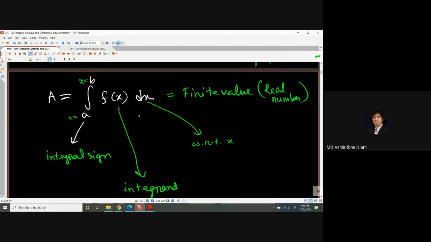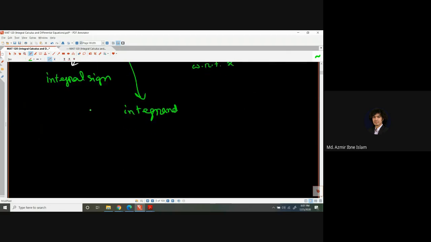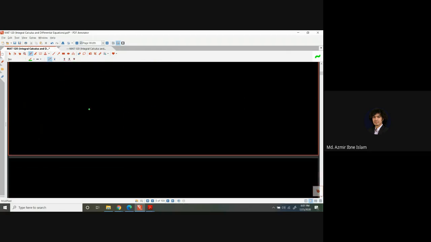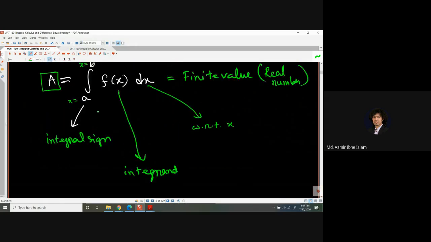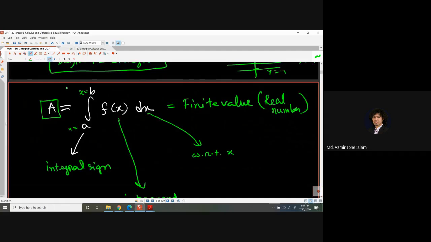And after solving this integral by some technique, we will finally get a finite value, a real number that will define the area. So let's think about how we can find this result.